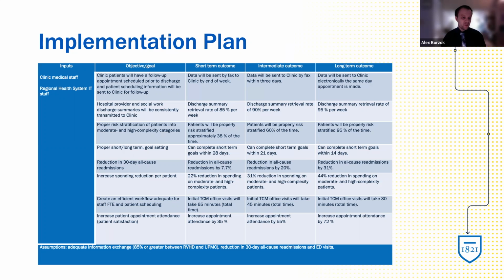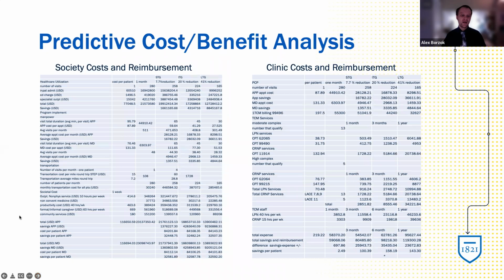The one final piece that we needed to do following our Ottawa model, to have all of the components necessary to develop this model and have it all set for implementation, was the predictive cost-benefit analysis. And this was following the guidelines published by A et al.